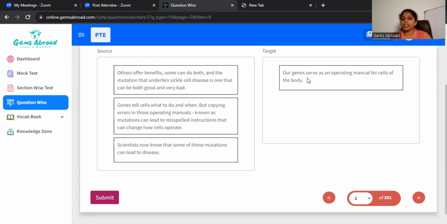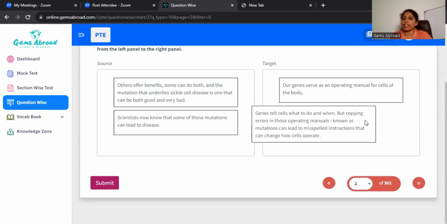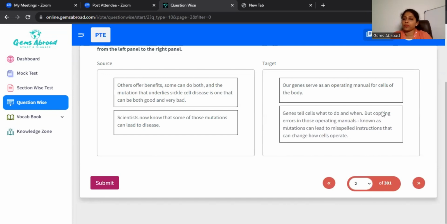Again, followed by that, what you have to do? Our genes is about the one, followed by genes tell. Genes tell us what to do, but copying errors in those operating manuals known as mutations can lead to misspelled instructions that can change how cells operate.